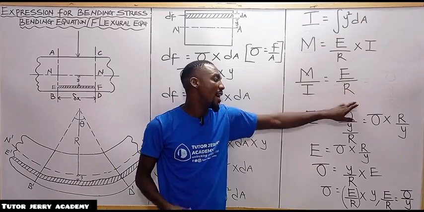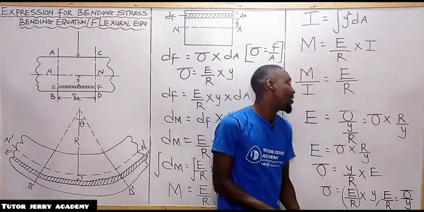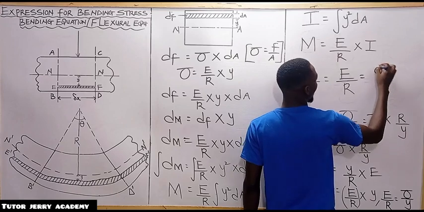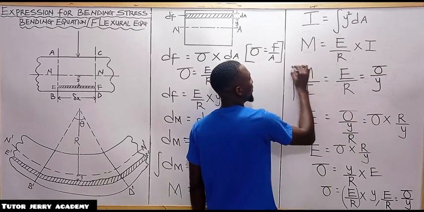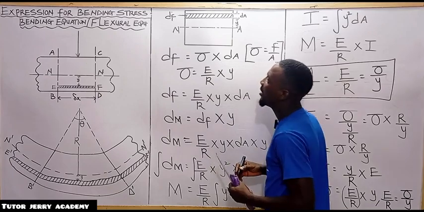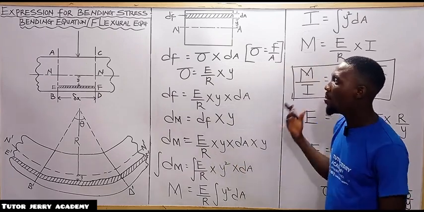E over R. So our E over R is also equals to what? Stress over y. So we can also equate this to be equals to stress all over what? y.